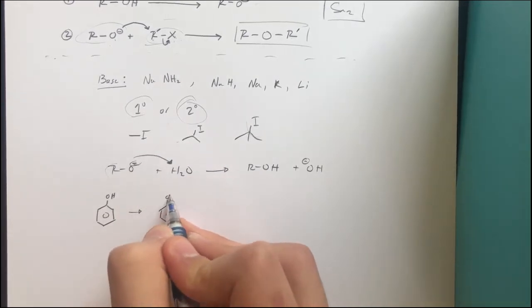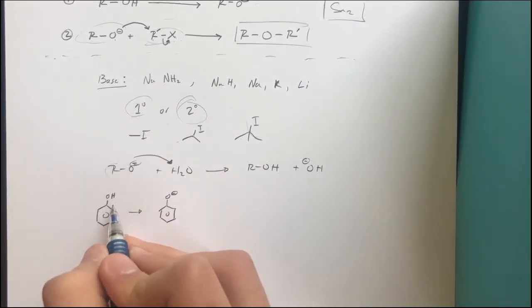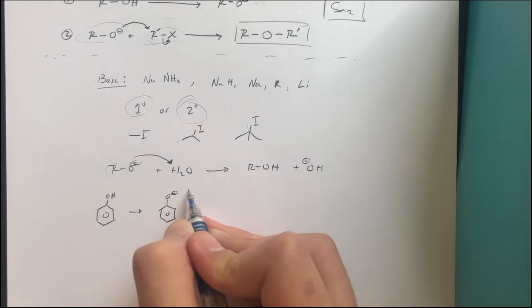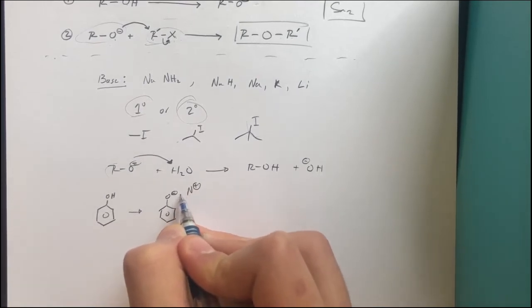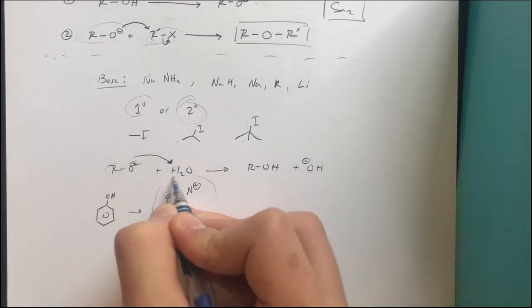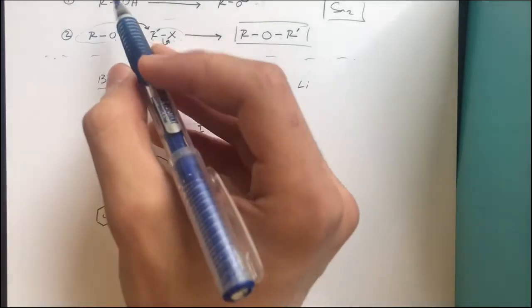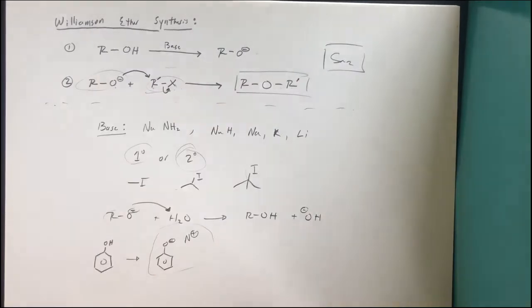If you want phenoxide, you can either put it in really strong basic conditions, or just get sodium phenoxide, a reagent you can buy for a reaction. So you don't necessarily have to do the first step of the reaction.